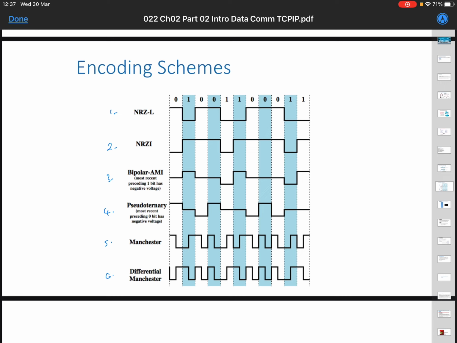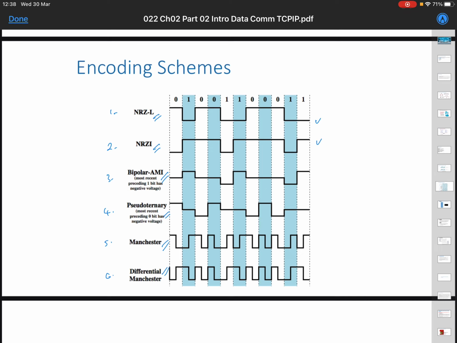How come these schemes give different outputs? There are different principles behind each of these schemes. You should go further on your own and understand how the output becomes like this.